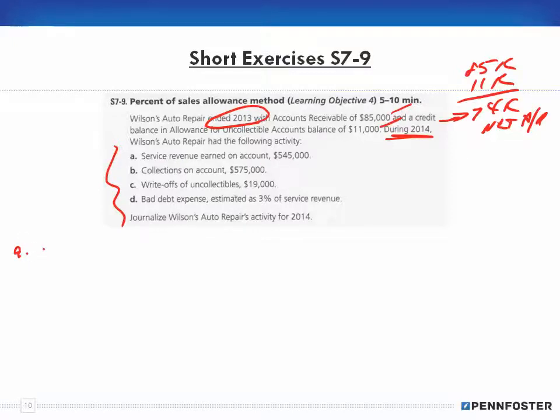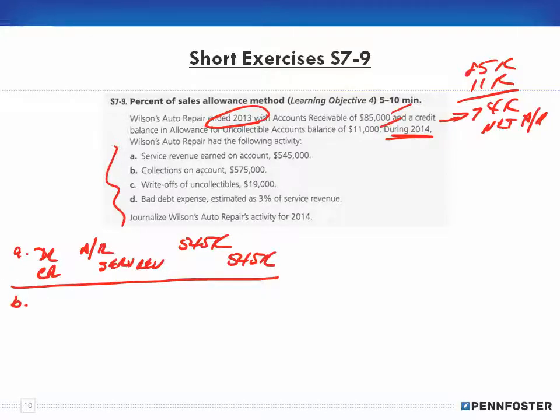So now that's accounts receivable, and since my accounts receivable is increasing, I'm going to debit my accounts receivable for 545,000. Debits have to equal credits, so I have to credit something else, and I'm earning it as service revenue of 545. Okay, so that's A.